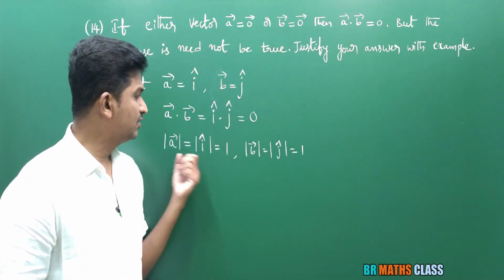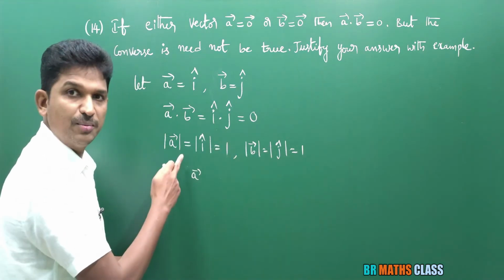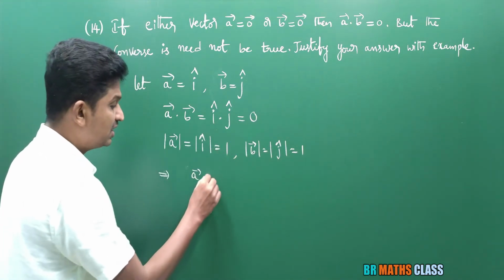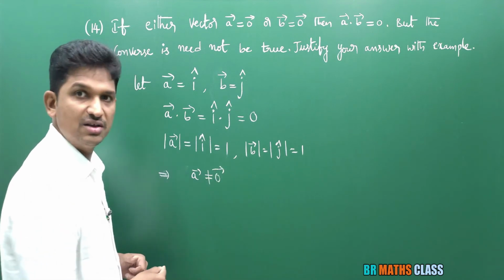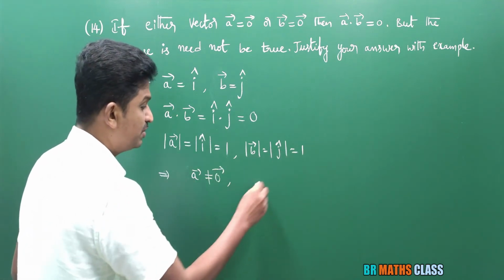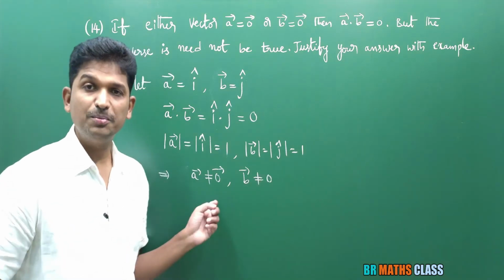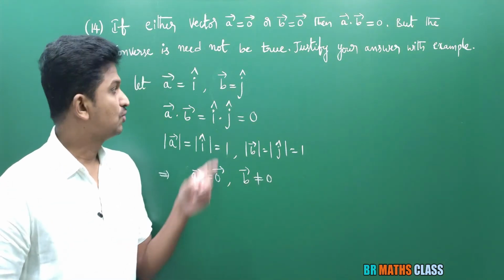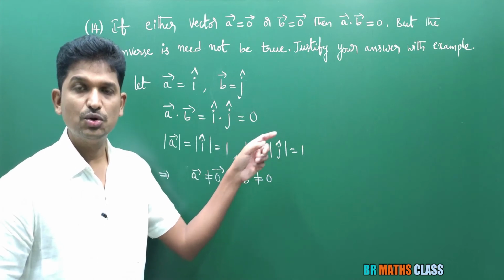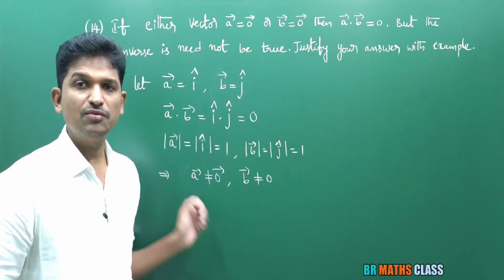You see, none of the vectors are 0 vectors. Here I got magnitude of A bar is 1. It tells you that A bar is a non-zero vector. Here magnitude of B bar is 1. This also tells that B bar is a non-zero vector. It is not compulsory that any one of them is 0. So whenever A bar dot B bar is 0, it is not compulsory that any one of them is 0.